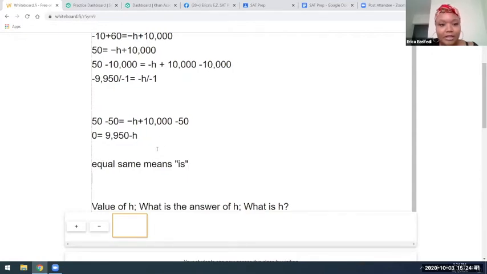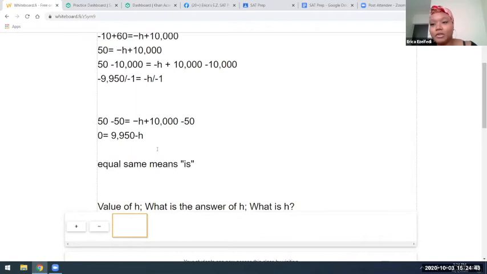So I'm going to restate the question. What is the value of h? What is h equal to? So I could rewrite that and say that h equals what?